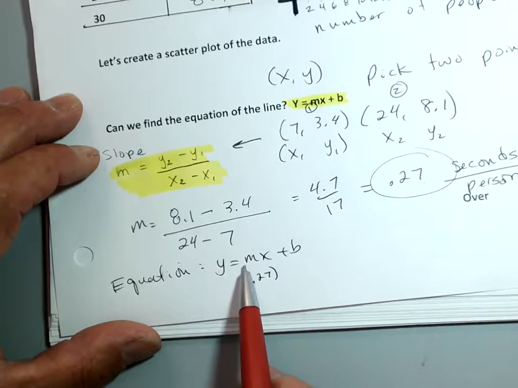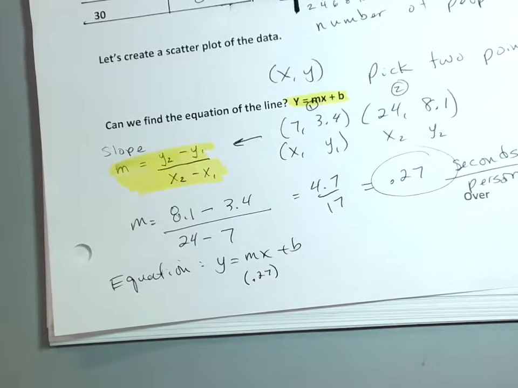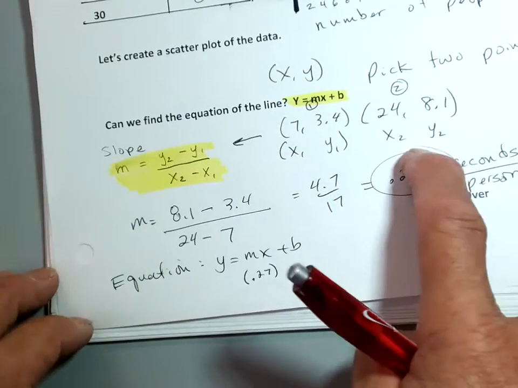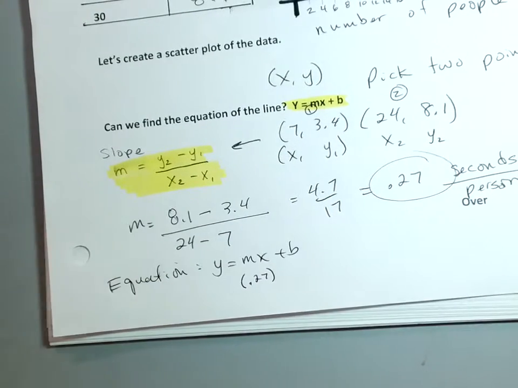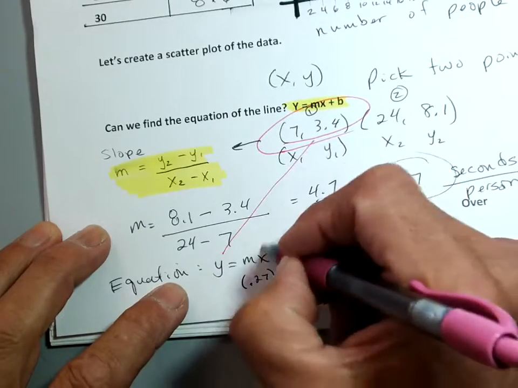Now, I need a y and an x value. Well, that's easy. I need an x, y value, so I can pick either point 1 or point 2. How about point 1 because they're smaller numbers? It does not matter, one or the other. Let's pick the first point, only because it's a small number. So I've got a y value and I've got an x value.